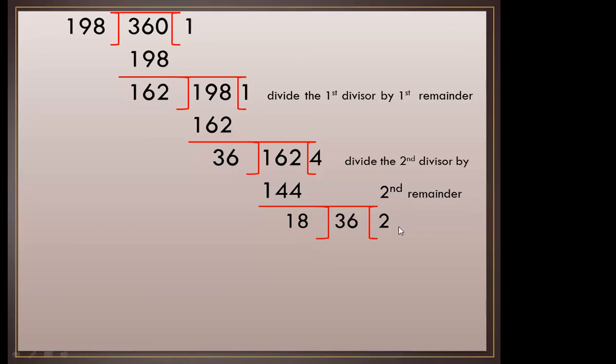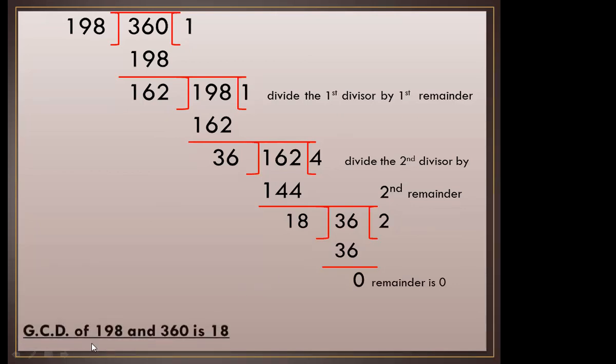So 18 multiplied by 2 is 36, and you will get 0 as the remainder. So the GCD of 198 and 360 is 18.